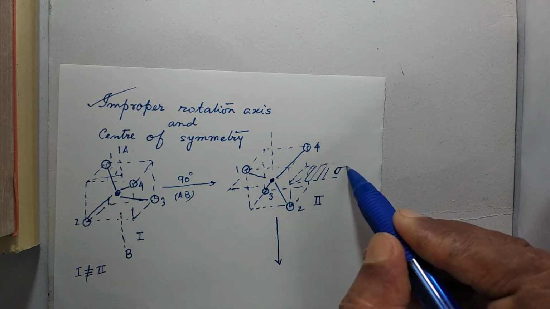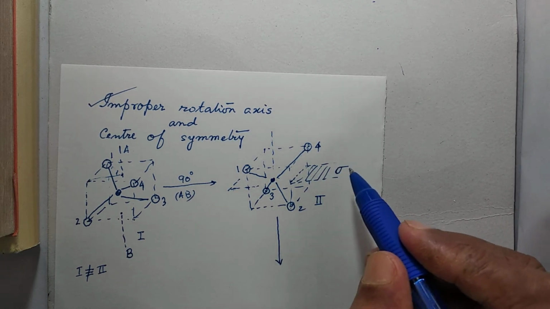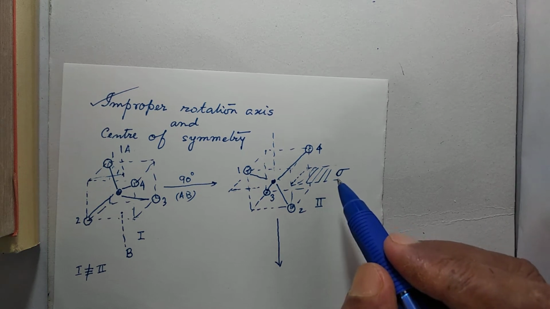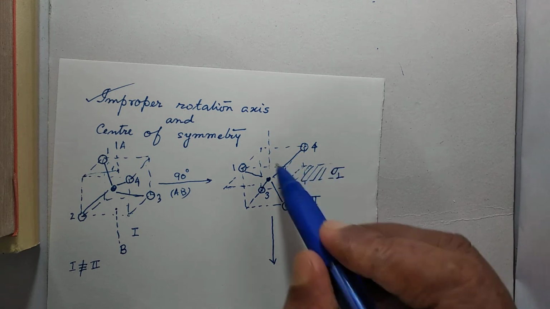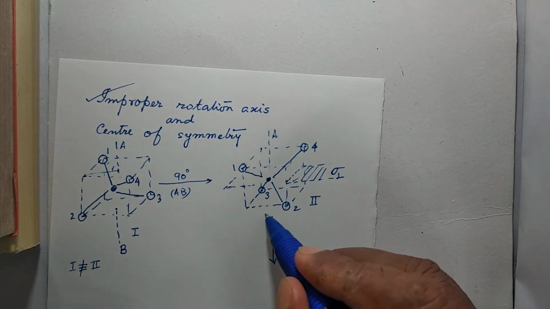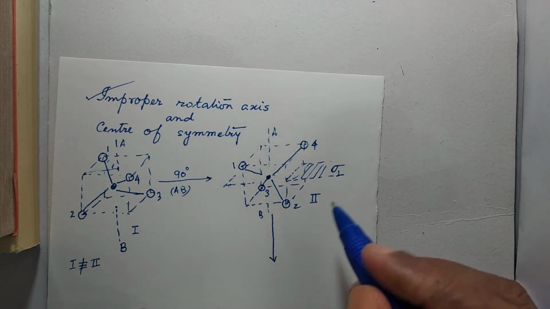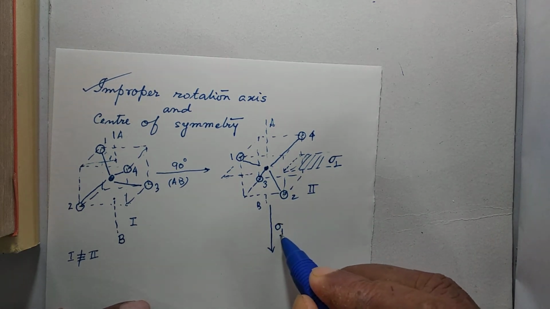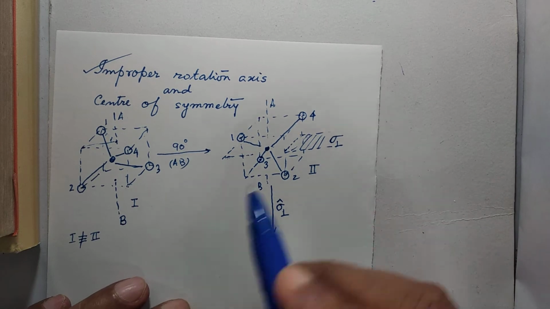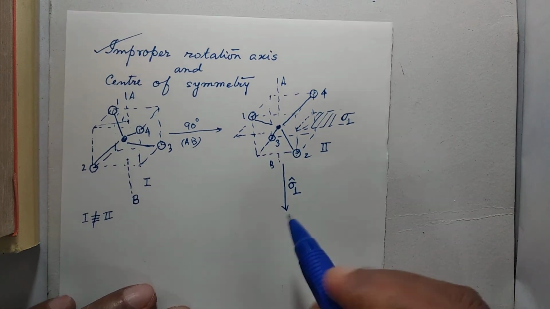This is not independently a plane of symmetry, but we imagine a mirror plane like this, perpendicular to AB. AB is here. If we carry out a reflection on this plane, what will happen?